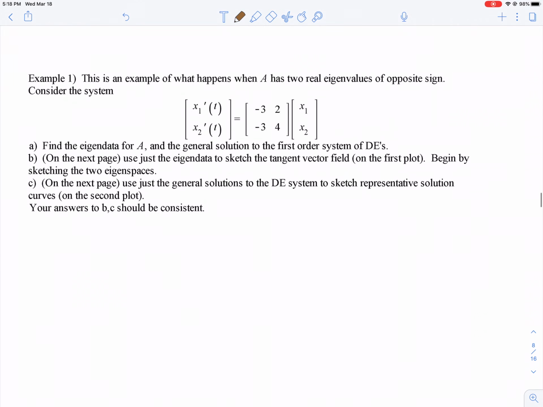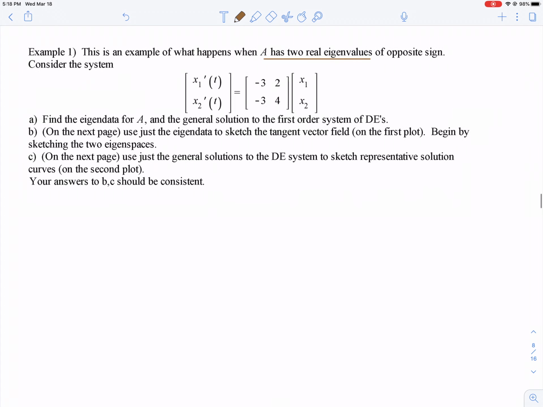Okay, so this first example is an example where the matrix A has two real eigenvalues of the opposite sign. And so let's start by finding the eigenvalues and the eigenvectors. This is, of course, review, but we first find the characteristic polynomial, which is the determinant of A minus lambda I. And as I'm looking at this determinant, the only lambda squared term comes from the diagonal product. It's lambda squared.